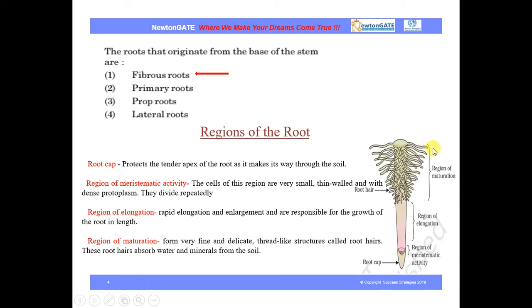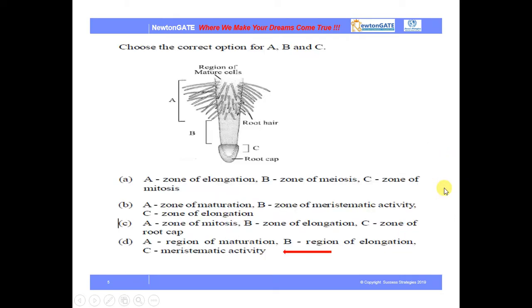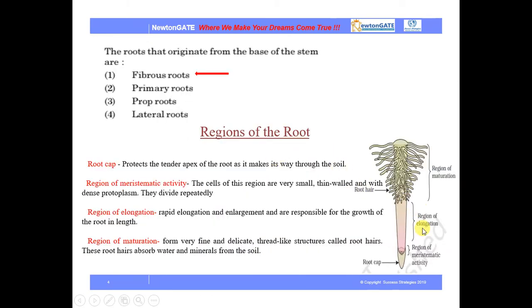So they have marked this portion region A, okay. So this portion is called the region of maturation. Next they have asked about this portion and they have marked it B. So this portion is the region of elongation.